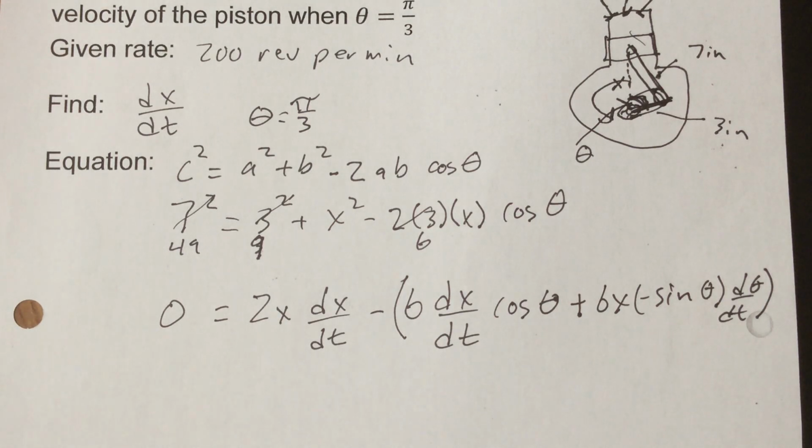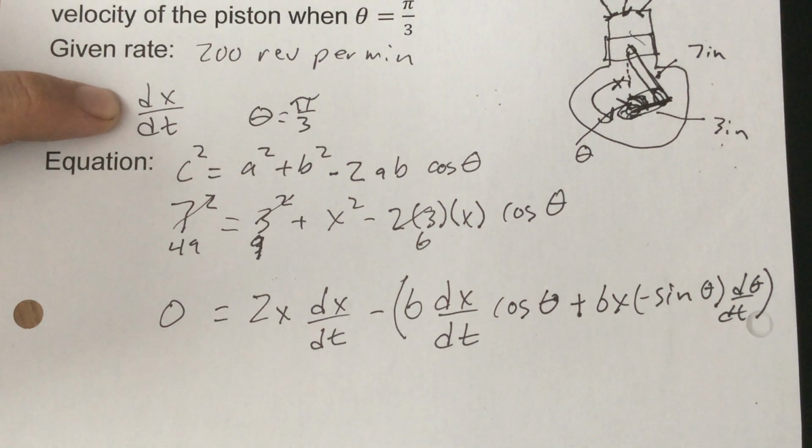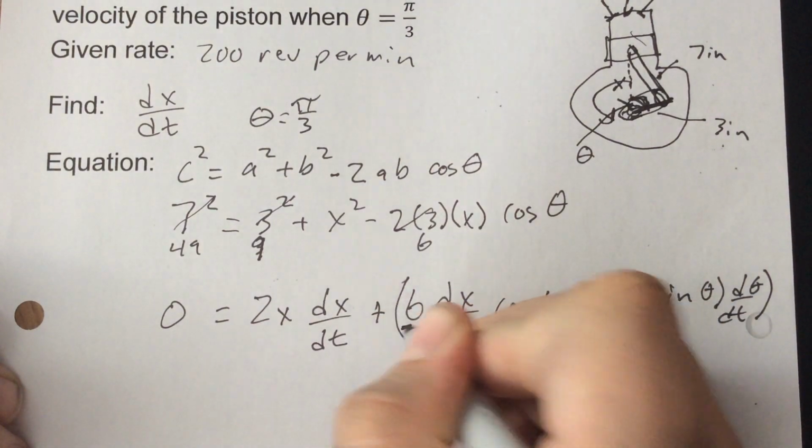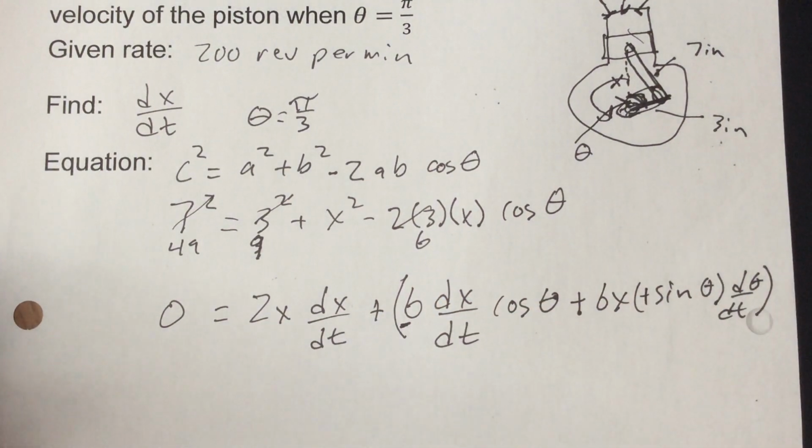All right, so from here, we can start simplifying. Well, what could we pull out of this? We're trying to solve for what? We're trying to find dx dt. So we're going to distribute this negative in, and that will cancel this one here.